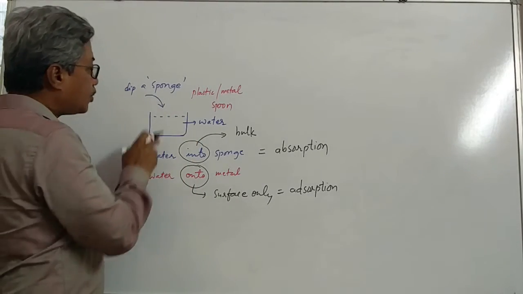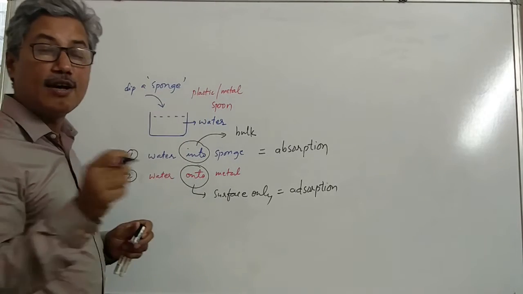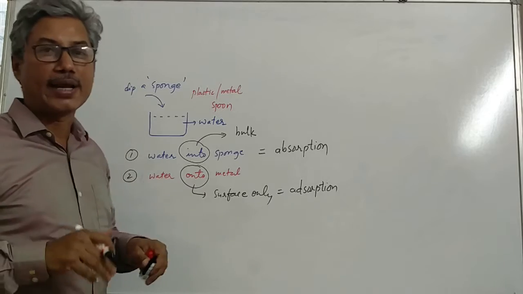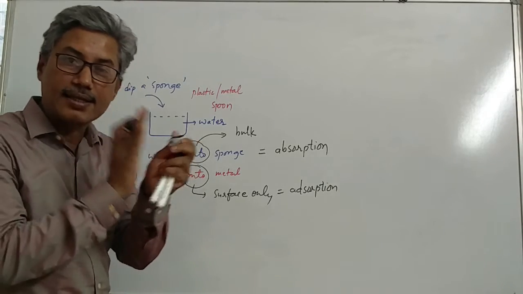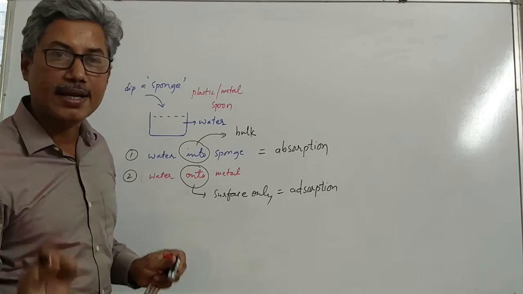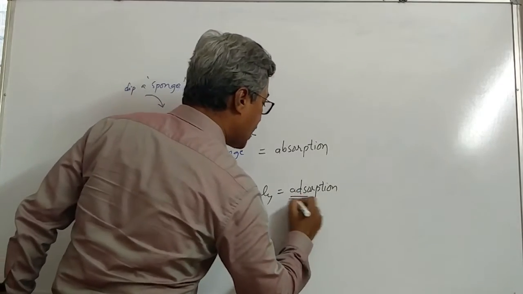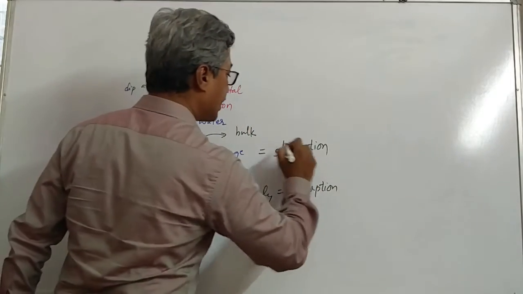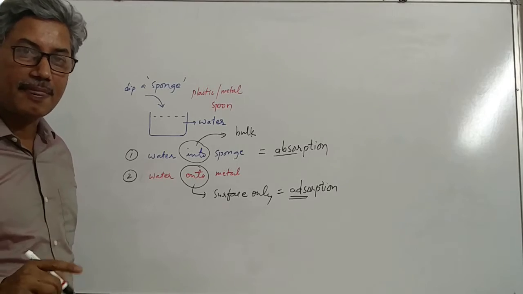Whereas if you take a plastic material, water is not getting into the body. It is just sticking onto the surface of the metal or plastic only. Therefore, it is called adsorption. Are you noticing this difference between adsorption and absorption?